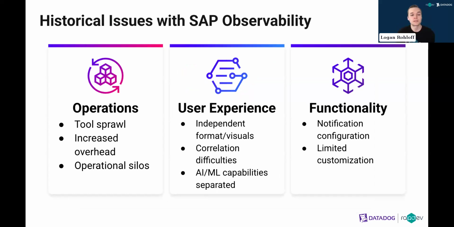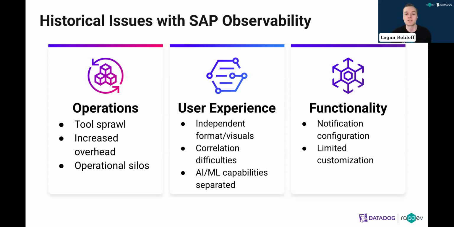So historically, with SAP, there have been some issues, and I will preface this slide with a lot of this has gotten a little bit better over the last few years, but I saw a lot of these issues firsthand. One of my first roles in the tech industry was managing SAP systems, and I always found some of the observability aspects to be exceptionally challenging due to just how different the systems are.